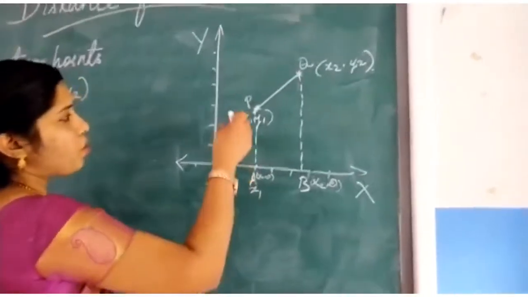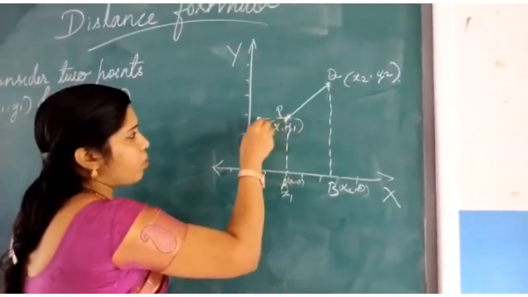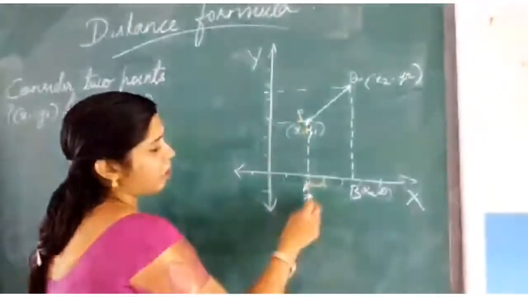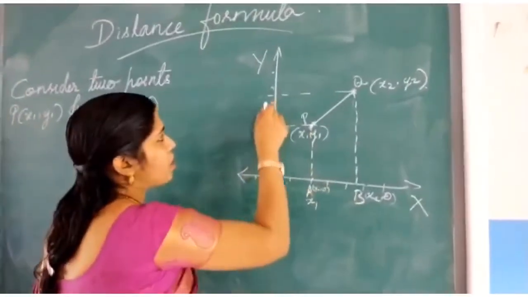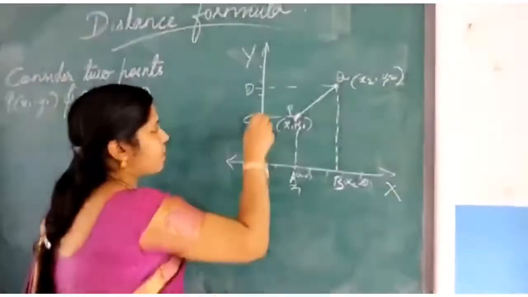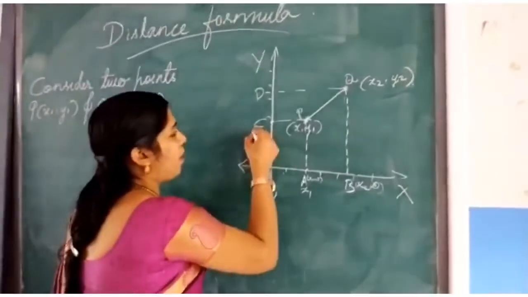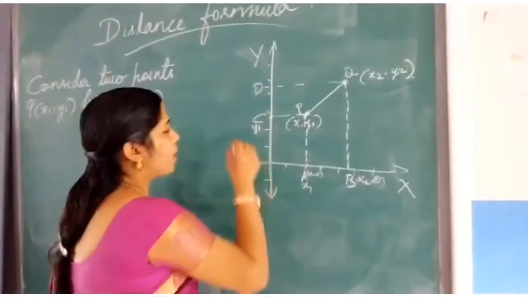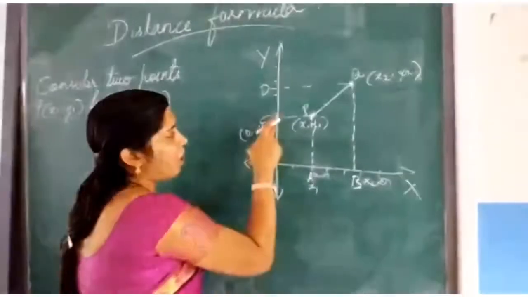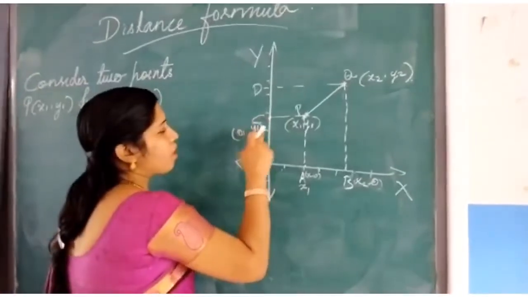Like that, let us draw 2 horizontal lines towards the y-axis, and let us call these points C and D. What is this point C? It is y1, or we can call it (0, y1), because here there is no x coordinate, only the y value; x is 0.